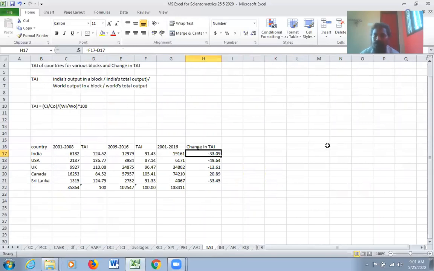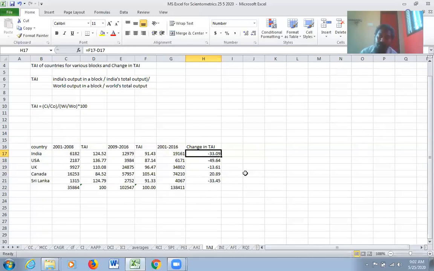Only thing is that instead of calculating activity index for a single year, we calculate activity index for blocks. You take 2001 to 8, 2009 to 16, and you calculate the total number of publications of the entire block period. For the block period, research output for a few years, if you calculate activity index, then that is called the transformative activity index.